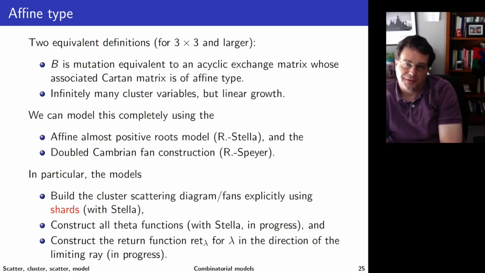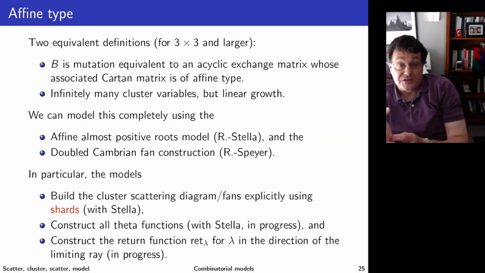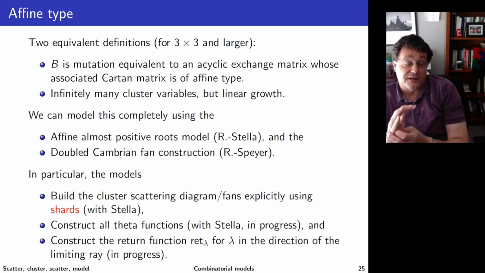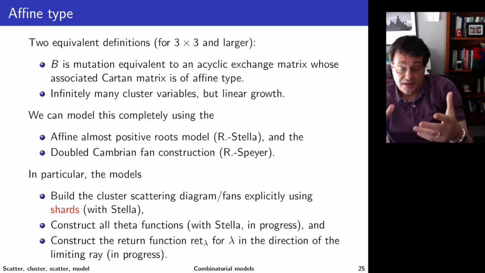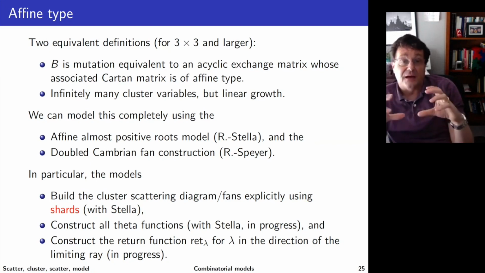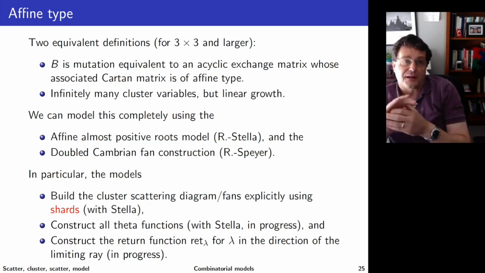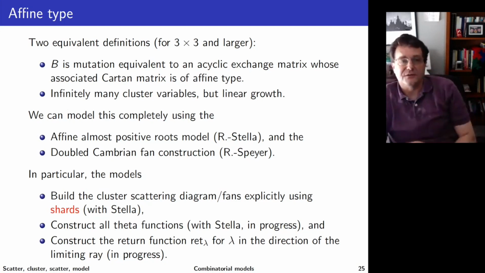And again, in a more general setting, people have a different definition. For me, this definition works. One is that our exchange matrix determines a Cartan matrix, and that Cartan matrix is no longer of finite type, but it's of affine type. And again, maybe mutation equivalent to something like that.